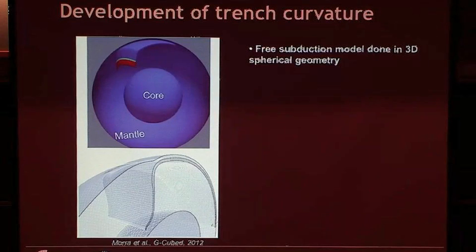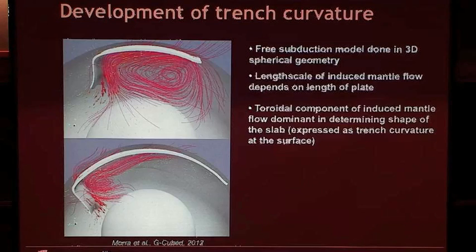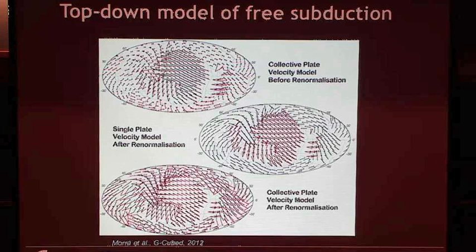This is work by Gabriel Mora, and they find amazing similarity in the models. All the physics, including that partitioning that I showed you, actually falls out of these systems in spherical geometry as well. You use similar material properties, and just with these simple sheets, they can generate patterns of plate motion that largely agree with the observed pattern.